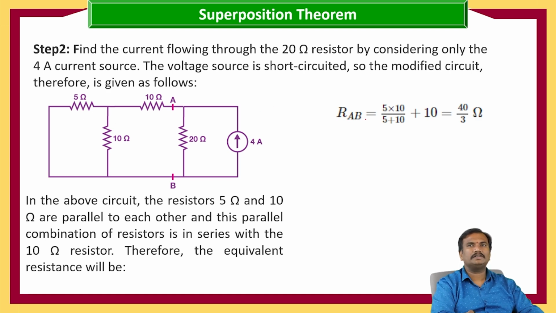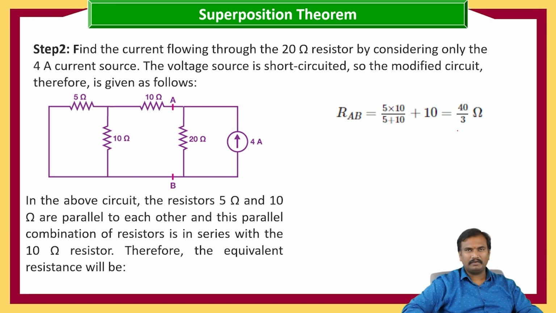So RAB is equals to 5 into 10 by 5 plus 10, plus 10 ohms, which is equals to 40 by 3 ohms. In the above circuit, the resistors 5 ohms and 10 ohms are parallel to each other. So this is the RAB value.